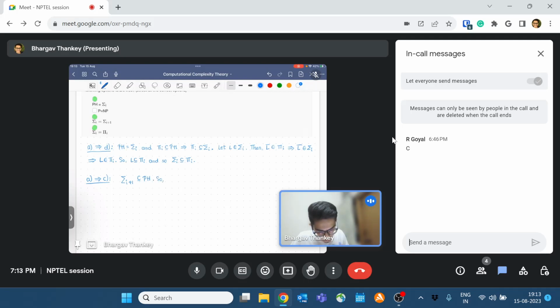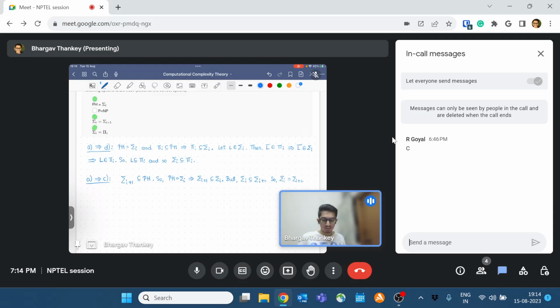So PH equals sigma I implies sigma I plus 1 is contained in sigma I. But from the very definition of these two, we know that sigma I is contained in sigma I plus 1. So sigma I equals sigma I plus 1, right?